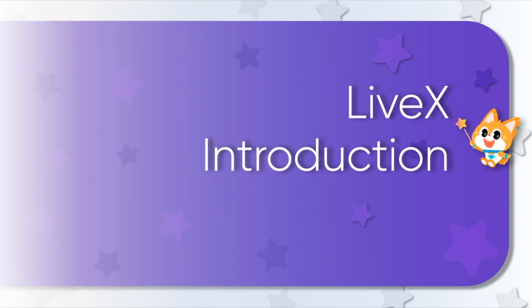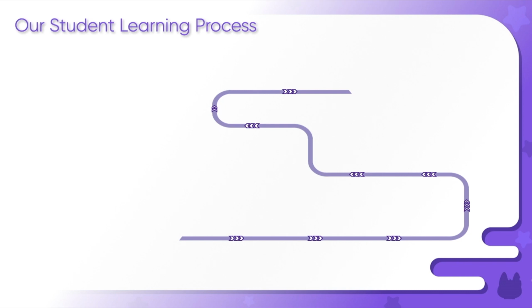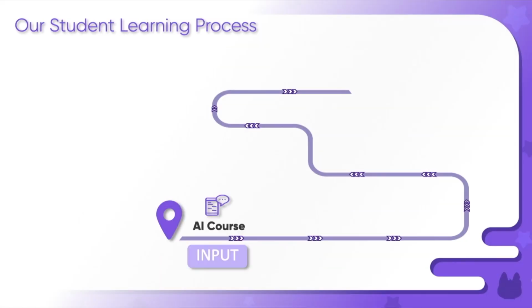Now let's talk a little bit about our LiveX product. There are two parts to the learning course. For learning input, students go through a 16-session unit on their own through our AI app. Once the student finishes an AI unit, you, the teacher, provide the output training through the LiveX course.